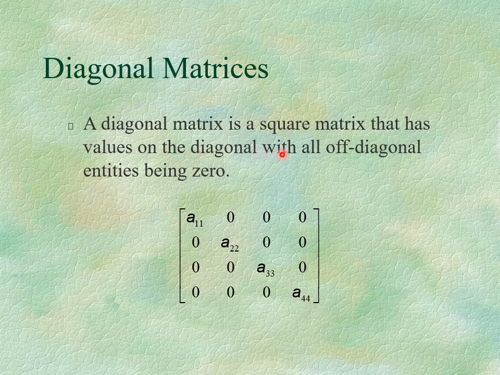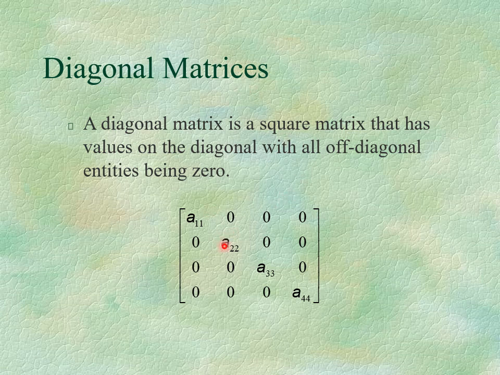So a diagonal matrix is a square matrix that has values on the diagonal with all off-diagonal entries being 0. So it's all element equal 0 except the main diagonal, and it's a square matrix.